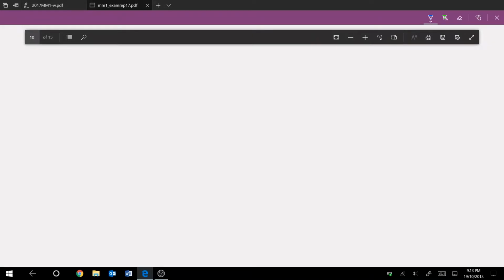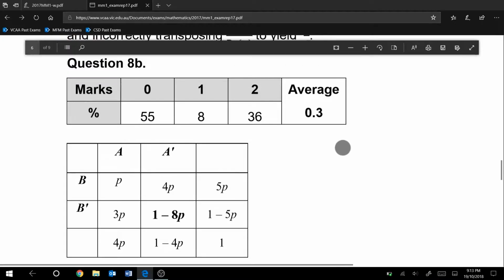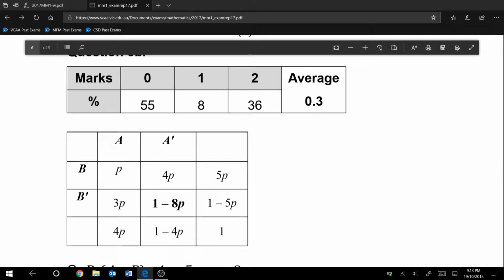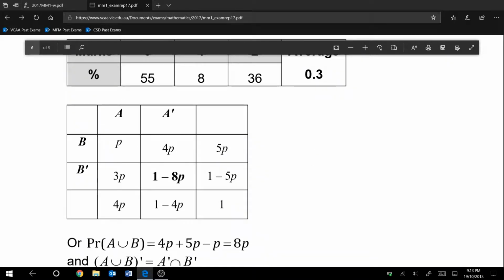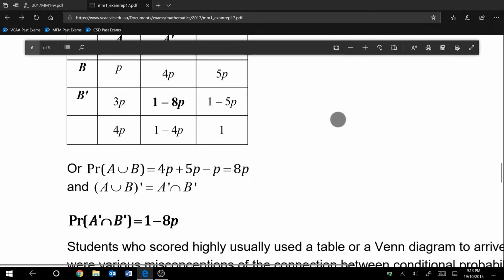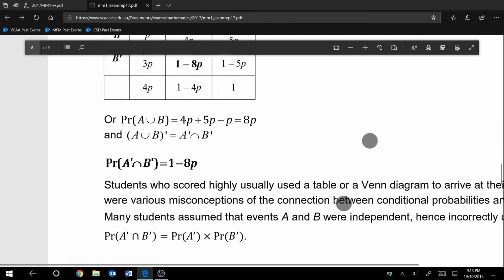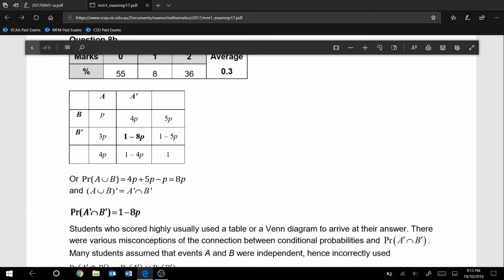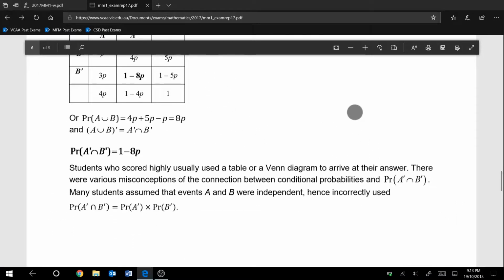Alright, so let's go take a look at the exam report. So here it is here. 36% got full marks, and they have the probability table here. And then they solved, and they just followed the process and found the value.